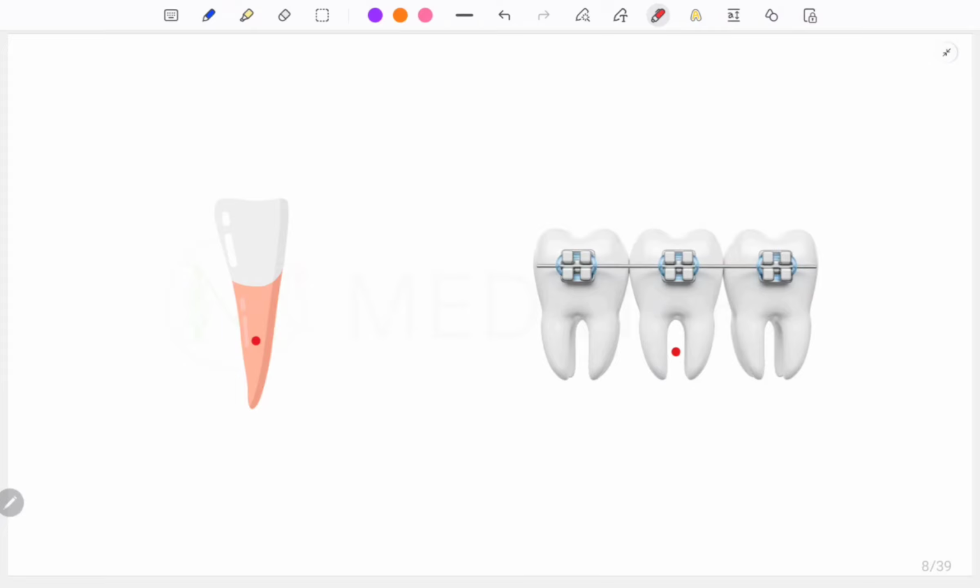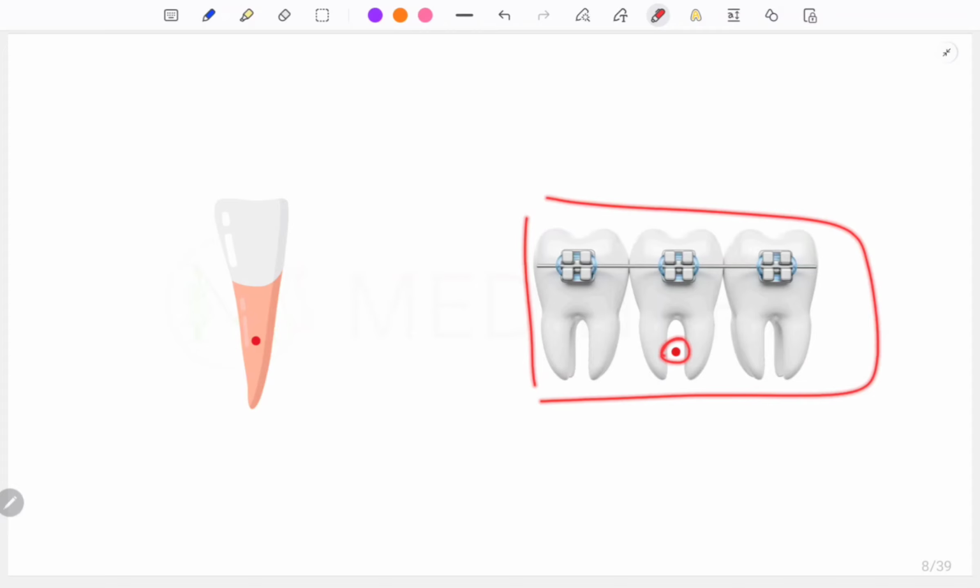And in some cases, like in fixed appliance, while we try to bring back the proclined incisors, we just tie all these incisors and connect it to the buccal tube which is present in your molar. This will be used as an anchor, and then using this, all the anterior teeth will move backwards. When these three teeth are tied together, are connected together tightly, then these three have one common center of resistance.